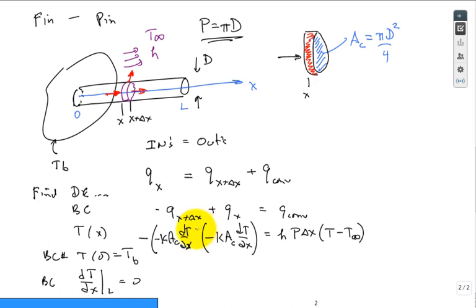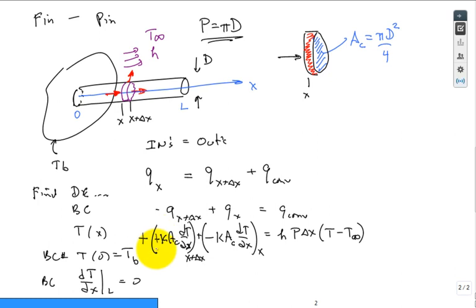Now, let's go ahead and be a little cautious. This one's evaluated at x plus delta x. This one's evaluated at x. All right. The two negatives become a positive. That helps us a little bit.